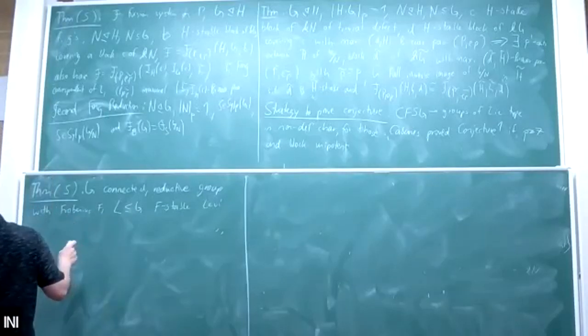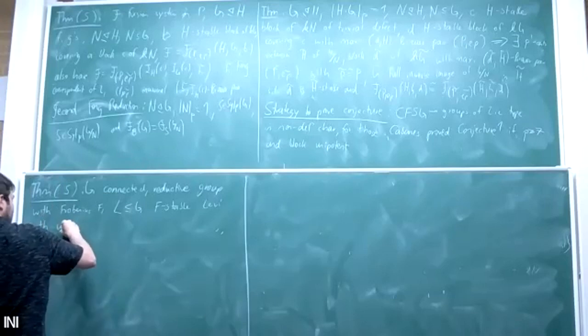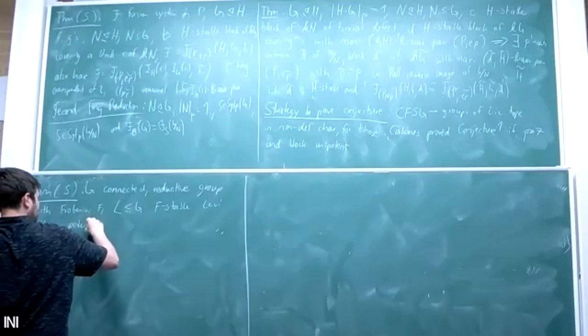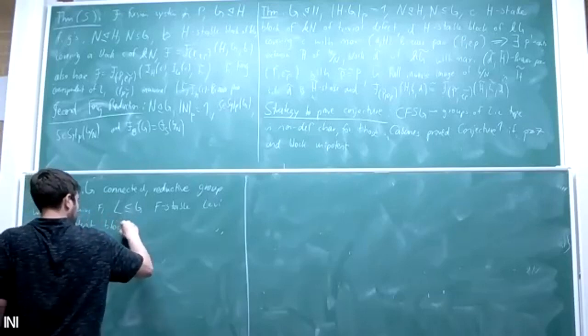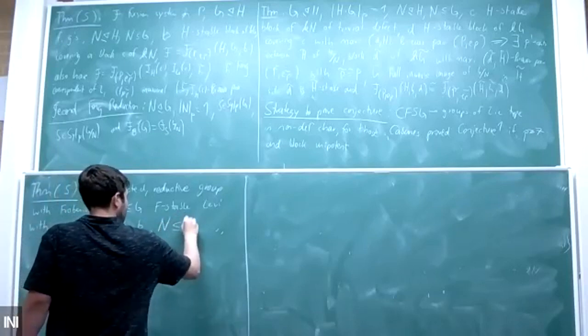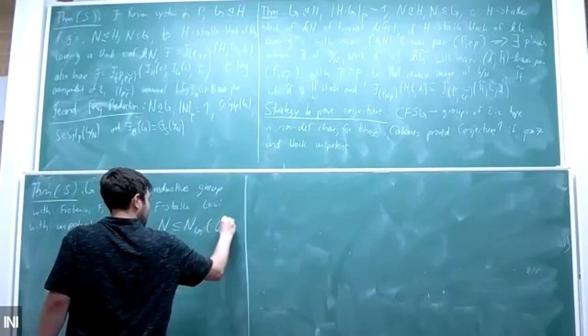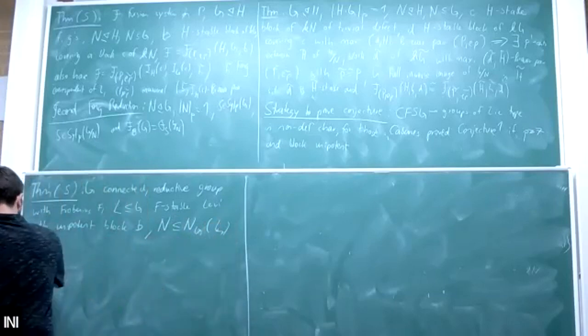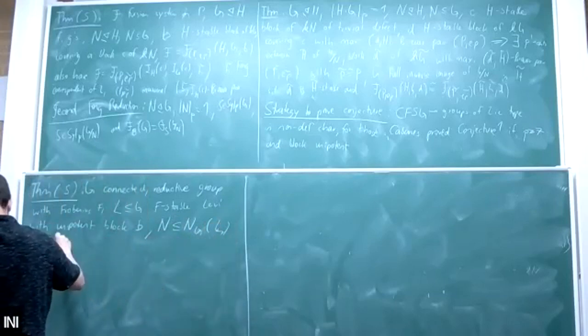An F-stable Levi with unipotent block B, and then we have some group N, which is contained in the normalizer of this Levi, which is also F-stable.